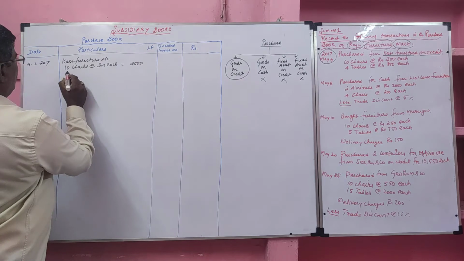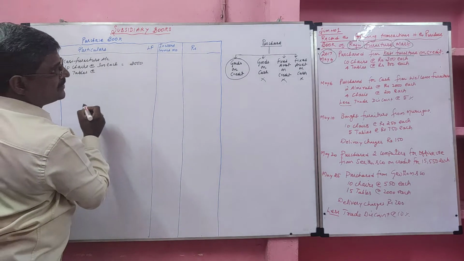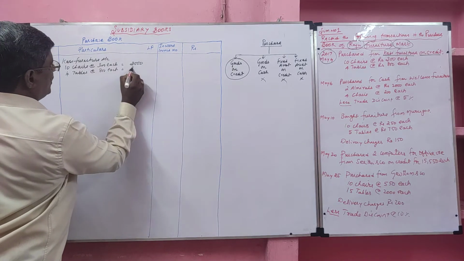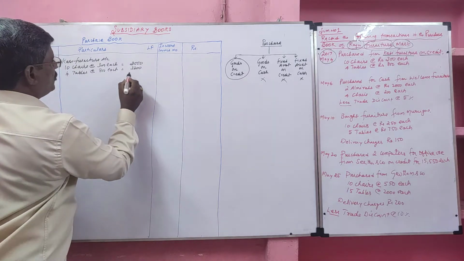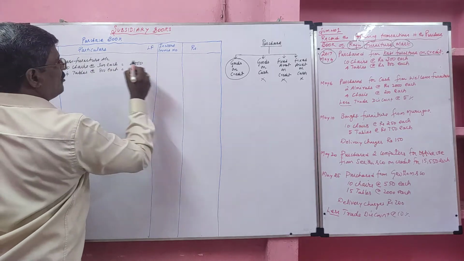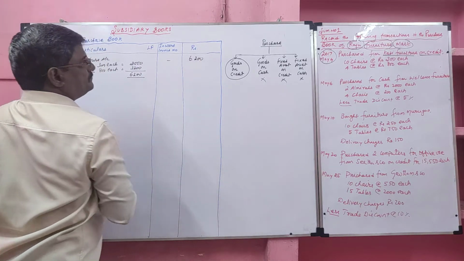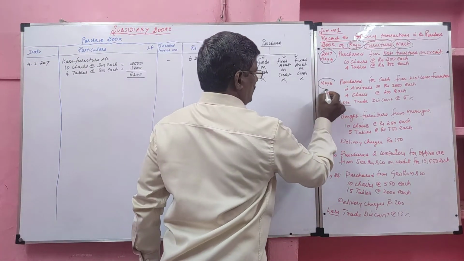Then they bought 4 tables at 800 each, 3200. So they bought 2 items. So in total they bought for 6200, recorded in the amount column. 6200.